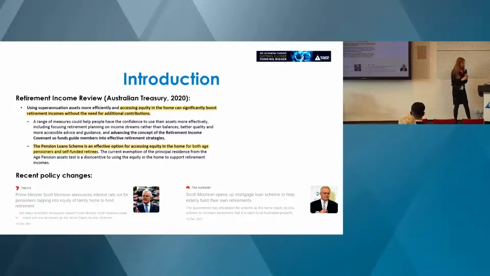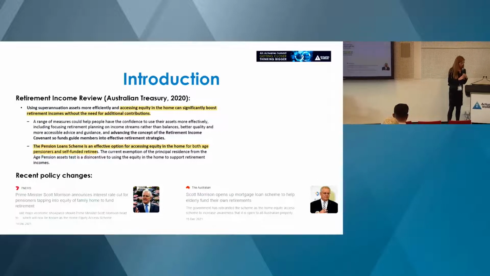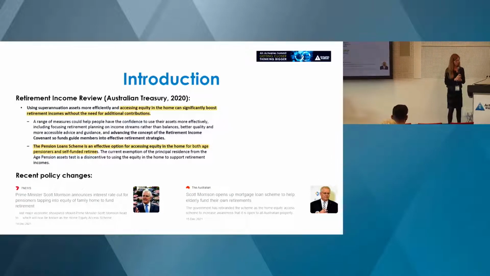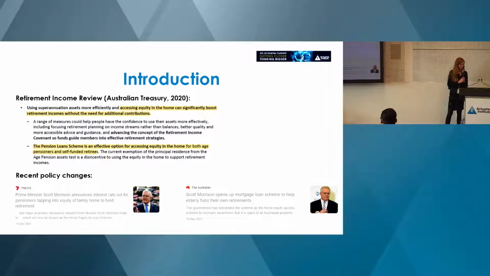This was recognized in the Retirement Income Review, which said that using superannuation assets more effectively and accessing equity in the home can significantly boost retirement incomes without the need for additional contributions from the current generation. They also said that the pension loan scheme is an effective option for accessing equity in the home for both aged pensioners and self-funded retirees.